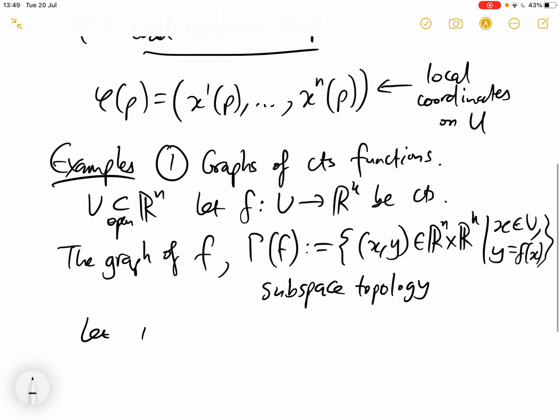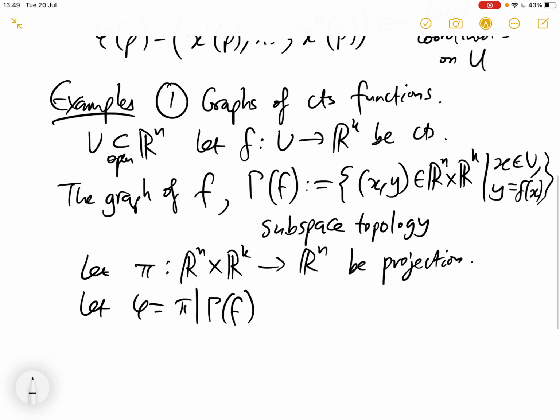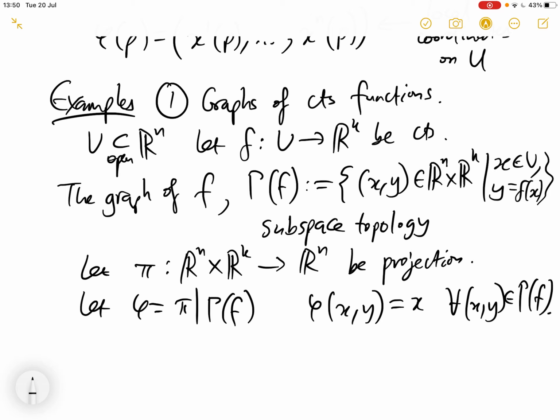And if we let π from Rⁿ × Rᵏ to Rⁿ be projection to the first factor, and if we let φ be π restricted to the graph of F, then we have in local coordinates φ(x, y) equal to x for every (x, y) in the graph of F. And we can also say that φ is going to be a homeomorphism.